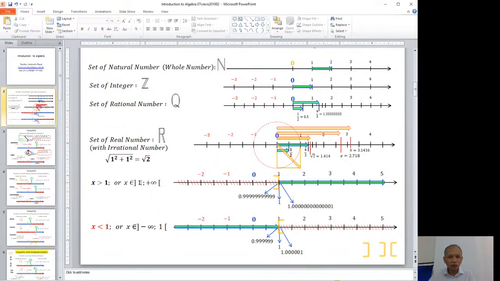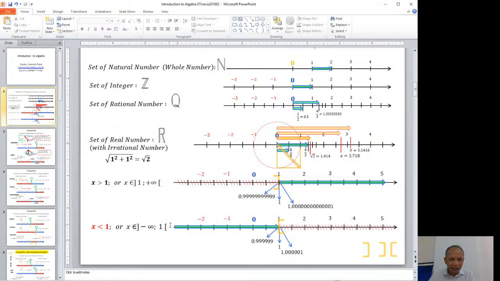The most important thing is that if we don't take the boundary value, like here up here 1 and down here 1, here we are on the right and we don't include the boundary value 1, so we have to turn the square bracket out of 1. But down here our value is on the left and we don't include the value of 1, so our square bracket must turn away from 1.